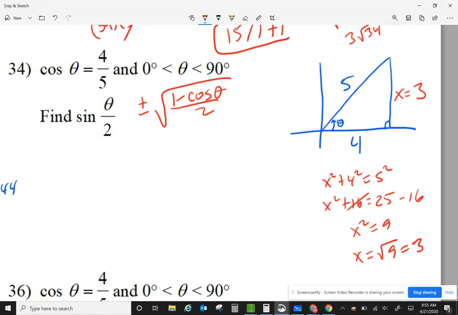So I have 1 minus cosine of theta, and I know cosine is adjacent over hypotenuse, so 4 over 5, all over 2. My 1, let me write that as 5 over 5, because then 5 over 5 minus 4 over 5 is 1 over 5, over 2.